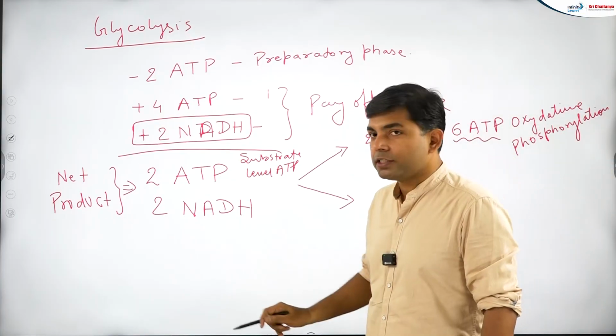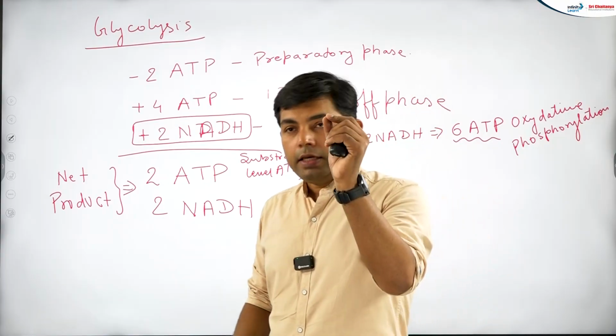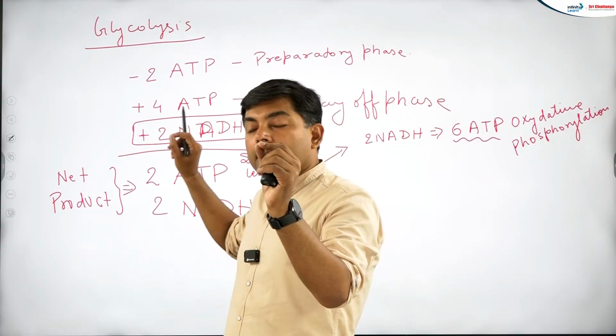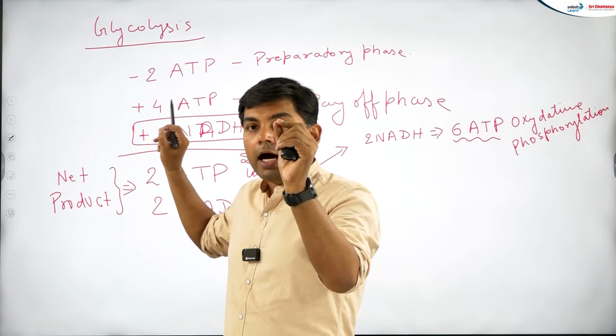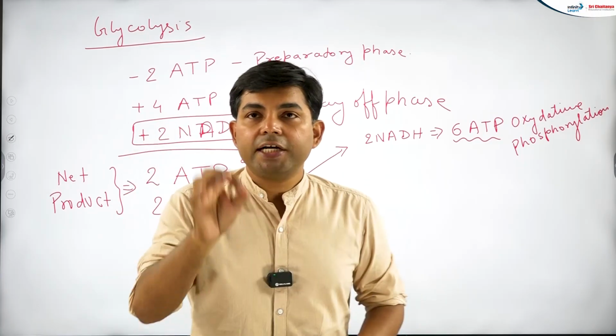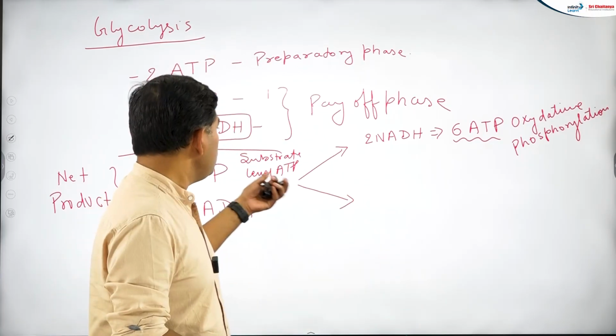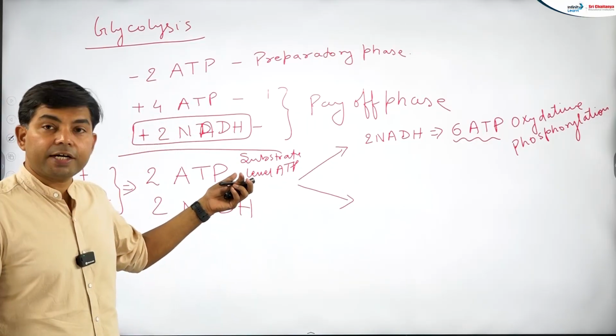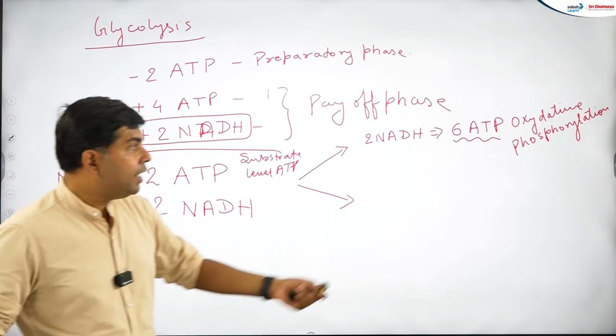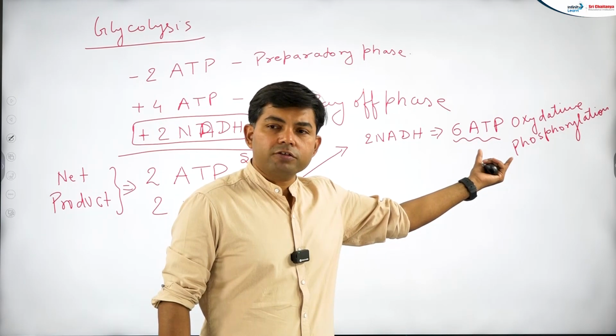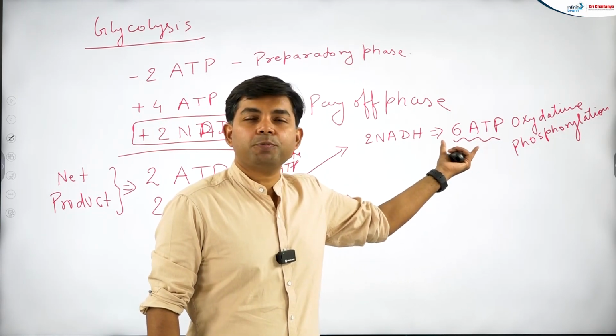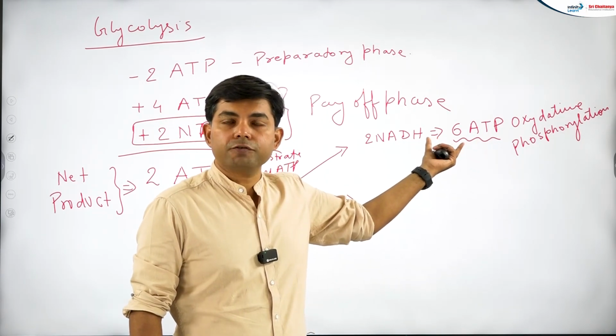In aerobic respiration, in the glycolysis, how many direct ATP or substrate level ATP is produced? 2 ATP is produced, which is substrate level. How many ATP is produced through oxidative phosphorylation? 6 ATP is produced during oxidative phosphorylation.